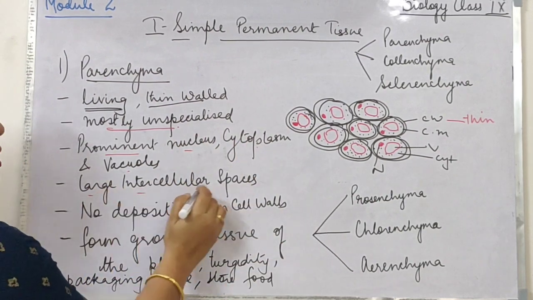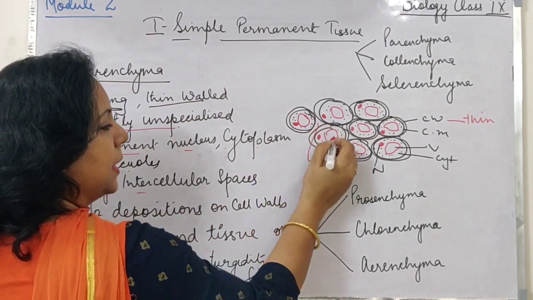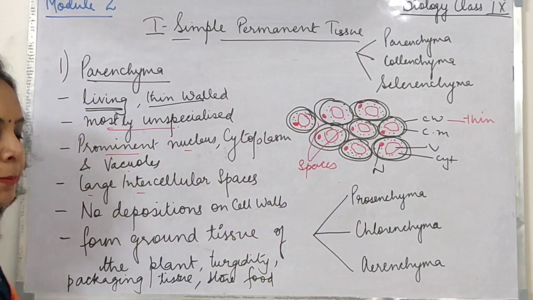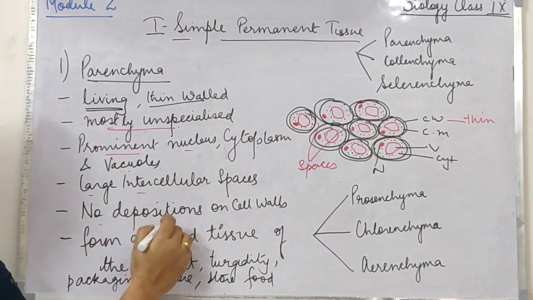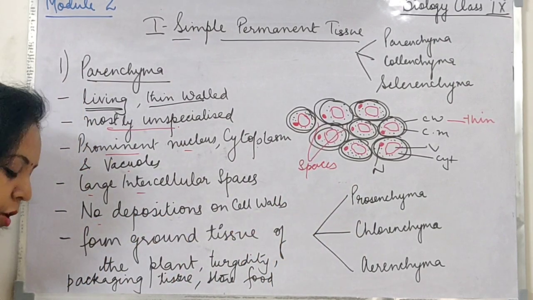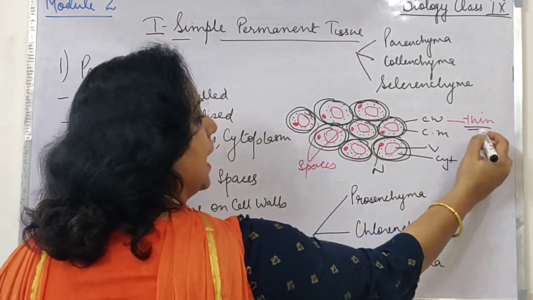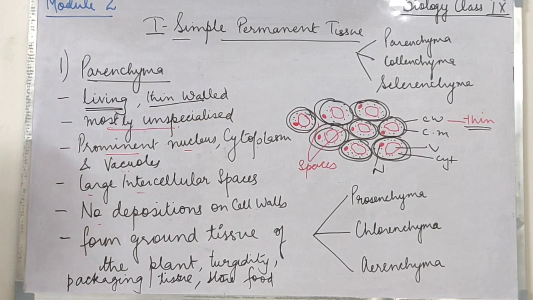Now they have got large intercellular spaces. If you see, there are spaces between the cells. And there is no deposition on the cell wall, which means that the cell walls are very simple and thin.